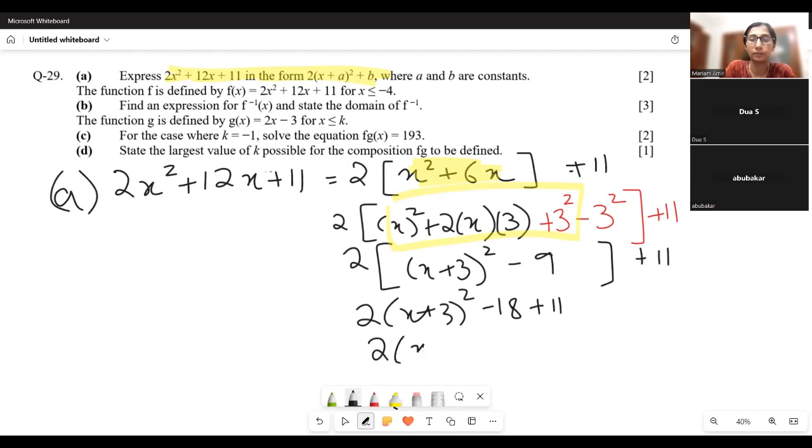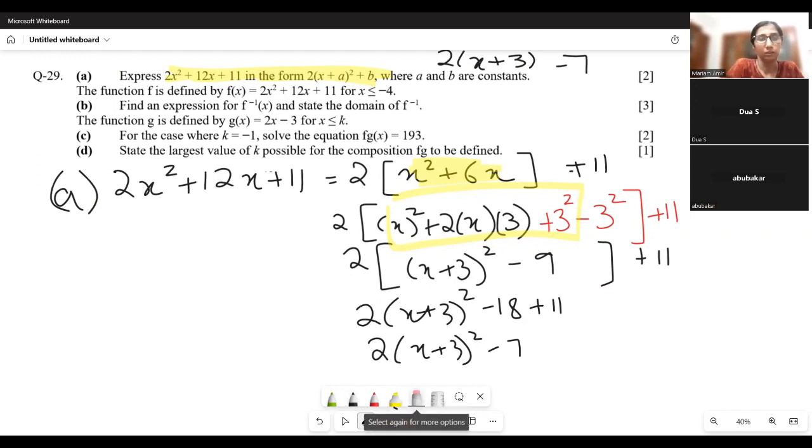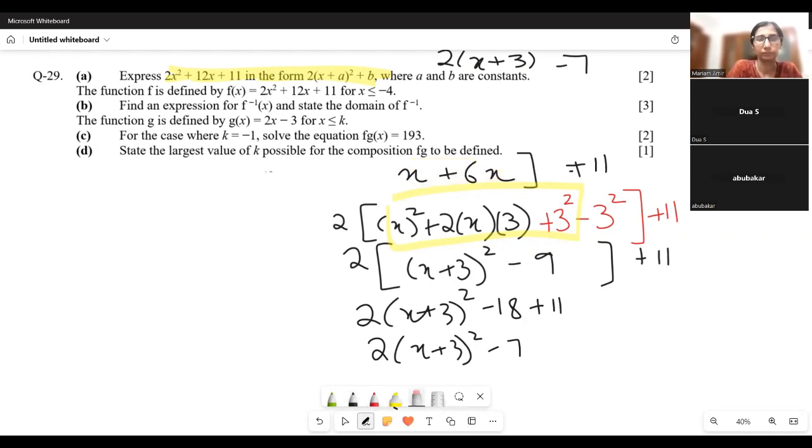So 2 times x plus 3 whole square minus 7. Yes, that is the correct completed square form. 2 times x plus 3 whole square minus 7. Okay, I want to clear the screen.